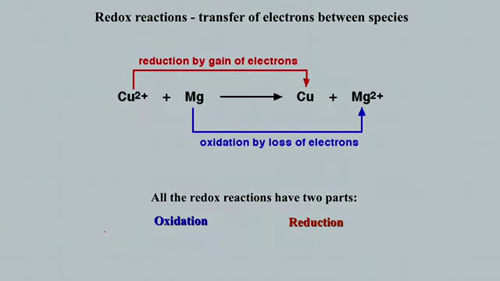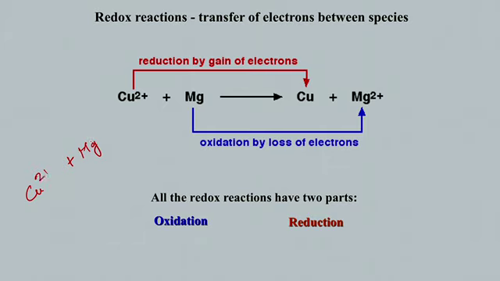Before going to the main part of redox chemistry, I will give a few concepts of the redox reaction. For example, this is a very simple system with copper 2+ and magnesium.